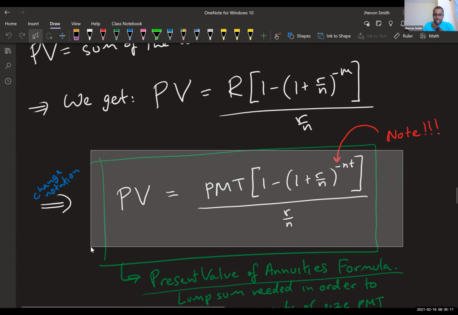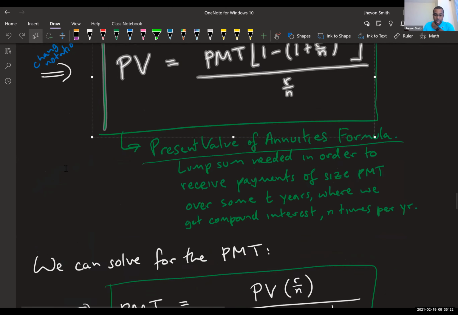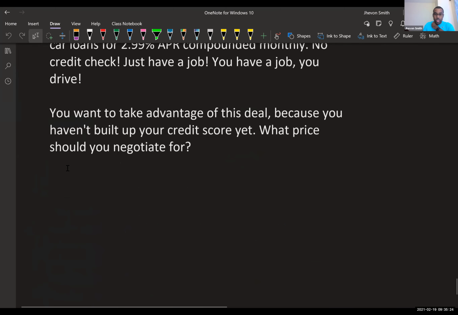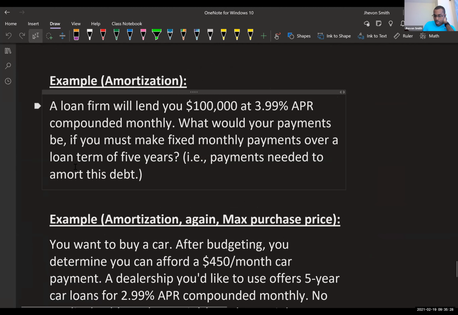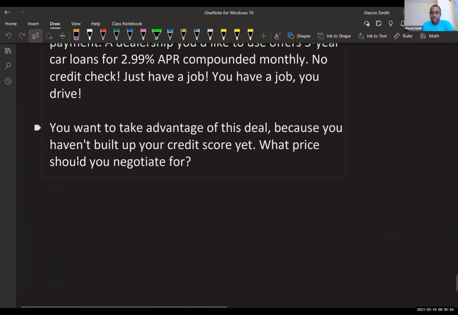So that was the present value of annuities. We used that to do an example, but I left you guys with a couple examples to try. So what we're going to do now is go through those examples, see what you guys got. And then right after that, we're going to do a summary.